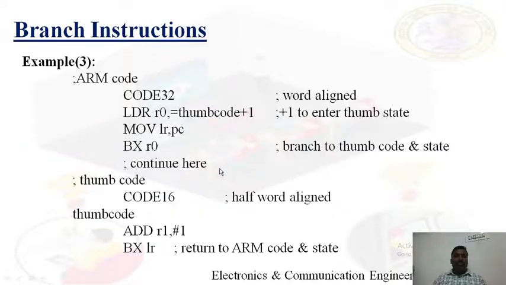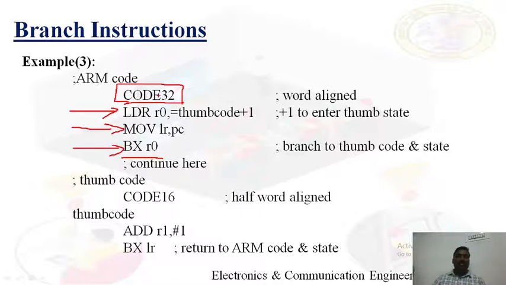Now we'll move on to the next example. In this example, you see we are using the BX instruction, that is branch exchange. Let us start with the code. CODE32 is a directive indicating that it is 32-bit word aligned, which means all these instructions must be converted and stored in 32-bit space.